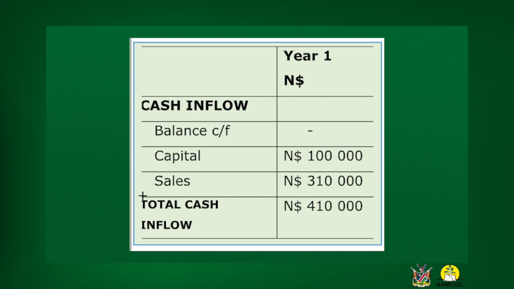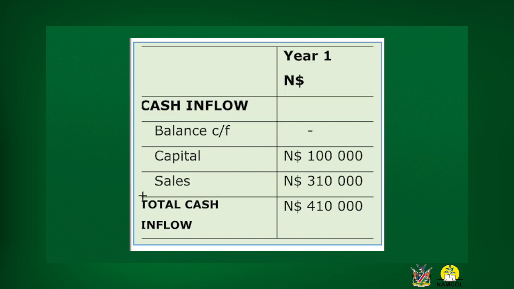In this case, there was no balance carried forward, so the total cash inflow is 100,000 Namibian dollars plus the 310,000 Namibian dollars, which adds up to 410,000 Namibian dollars. Getting interesting, right? Now that we have our total cash inflow, it's time to plot in our cash outflow.